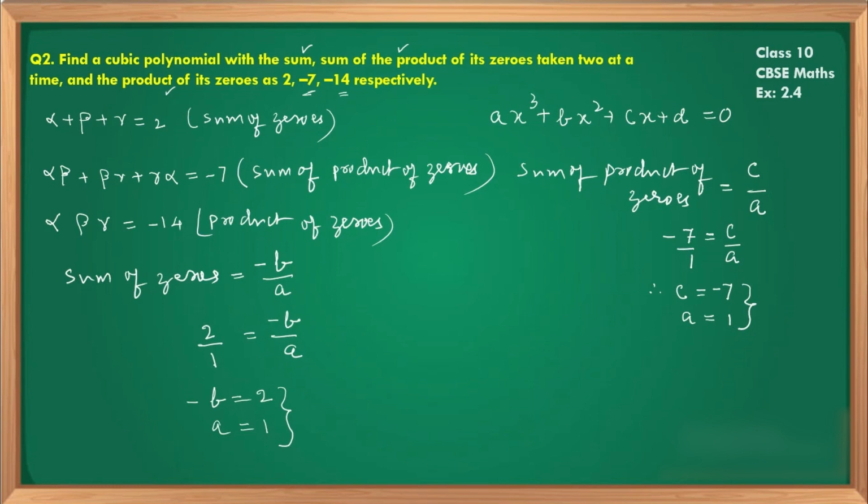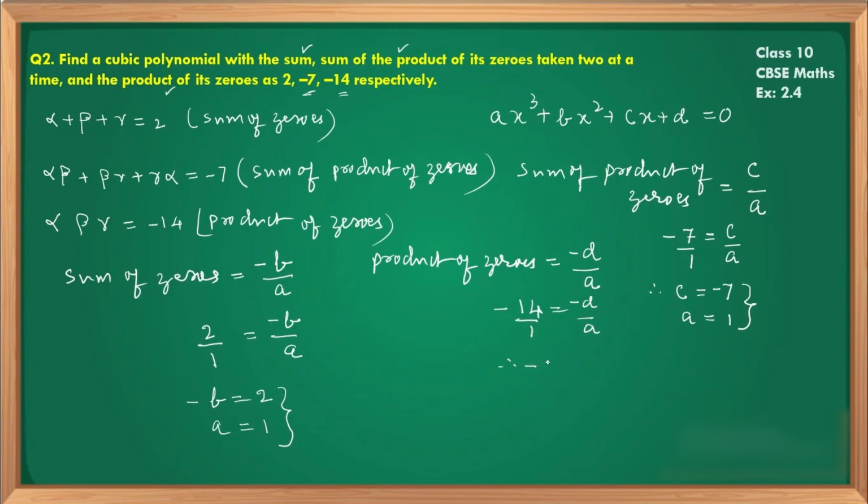Now the third stage is product of zeros. The product of zeros is equal to minus d by a. And in the question it is already given minus 14 equals minus d by a. As usual, in the denominator you don't have anything, so put 1.